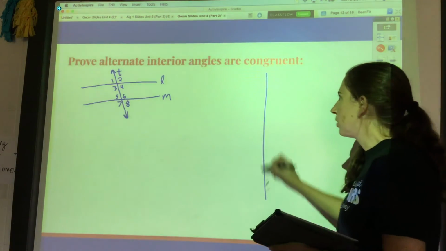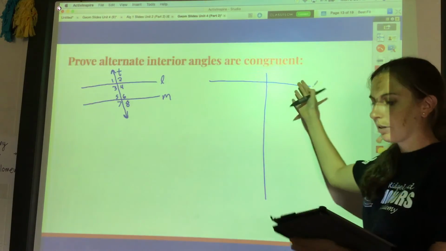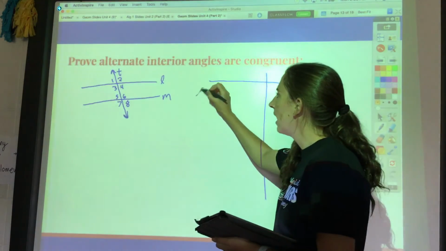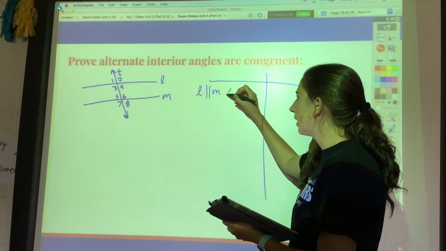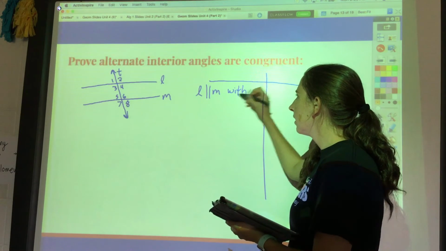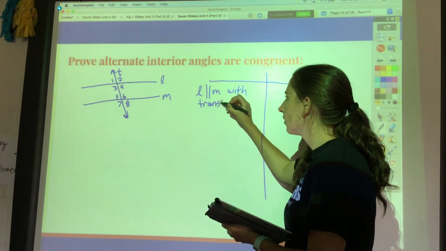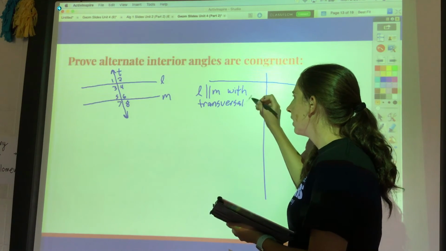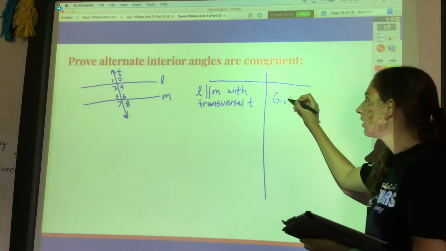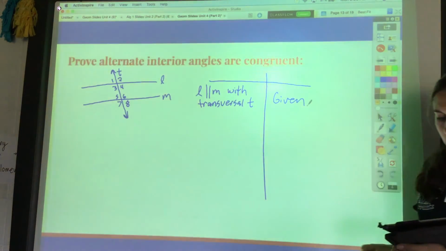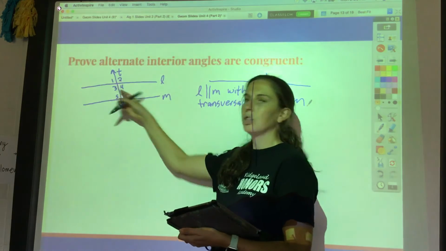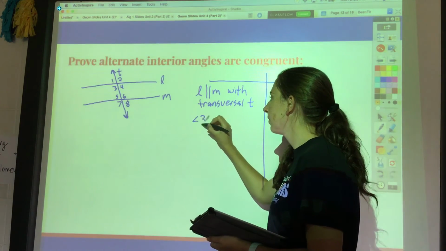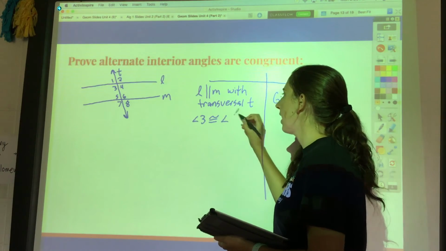I want to write this one out as two columns, so here's my statement and my reason. First of all, I've got that L is parallel to M with transversal T. That was just given. Next, I know that angle 3 and 2 are congruent. How do I know that?